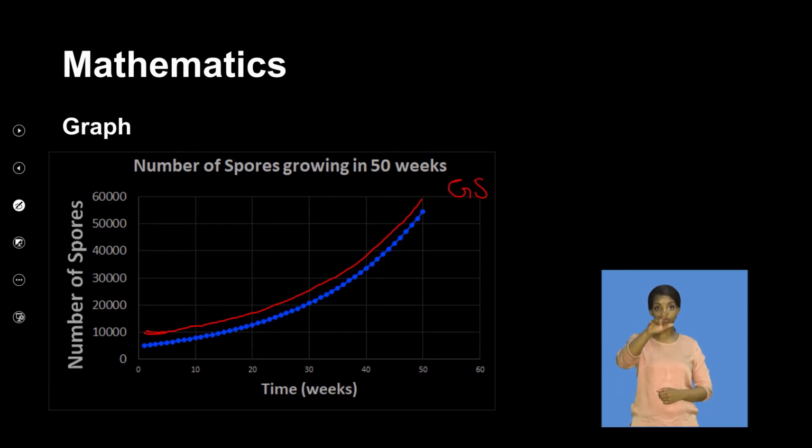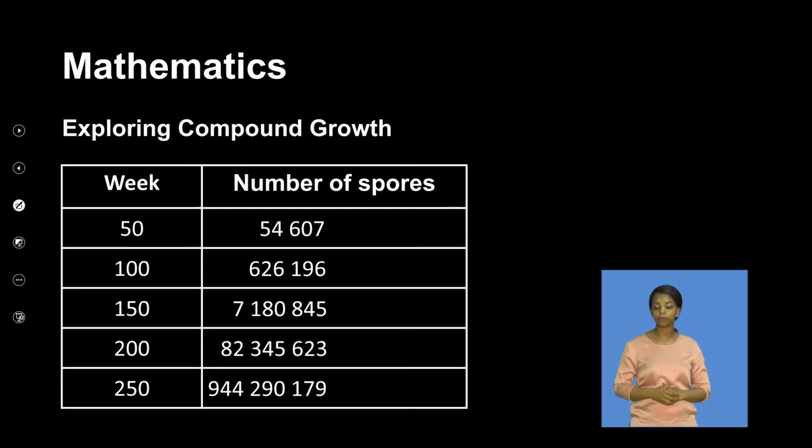So that's what we are actually looking at when we talk about an exponential growth. Now, let's just exaggerate it as well and say, from 50 to 250, you look at what is happening here. When you get to 250, now you are closer to 1 billion. So you see, this is quite a lot of spores that we are dealing with.